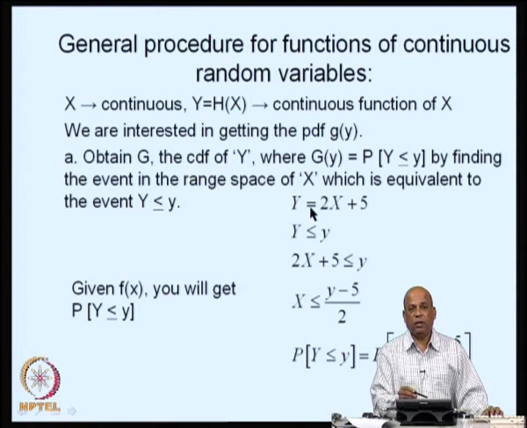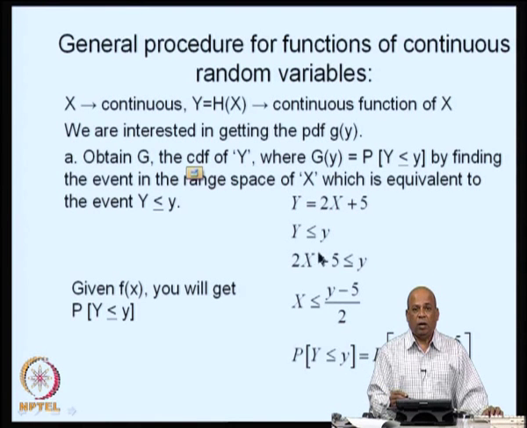You know the functional nature y is equal to h of x, and on this we identify in the range space of x the event corresponding to Y less than or equal to y. For example, let us say y is equal to 2x plus 5, some simple linear function we will take, and we are interested in the event Y being less than or equal to y.